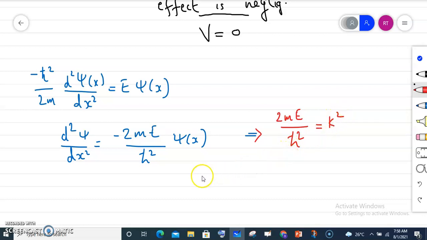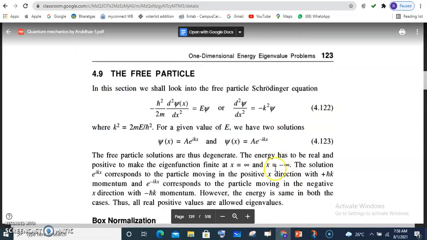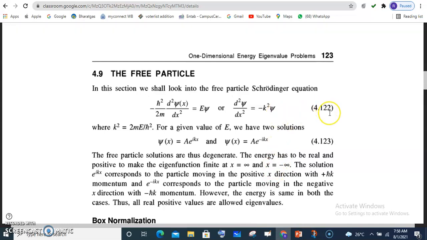So our equation reduces to d square psi by dx square is equal to minus k square psi, or we can take this to the right hand side, d square psi by dx square plus k square psi is equal to 0. This is what is written in 4.122.